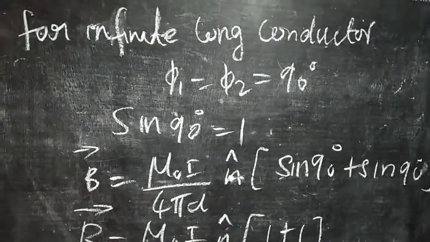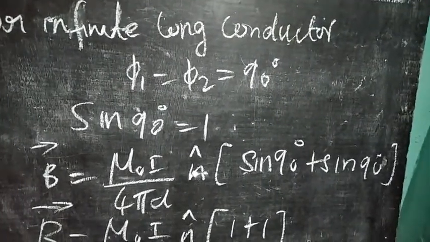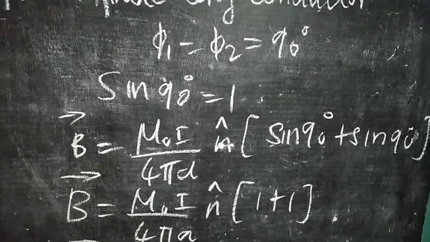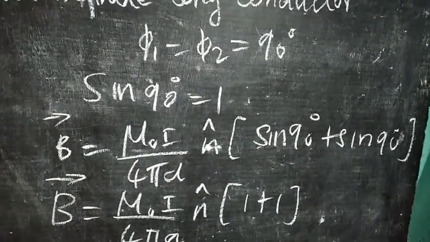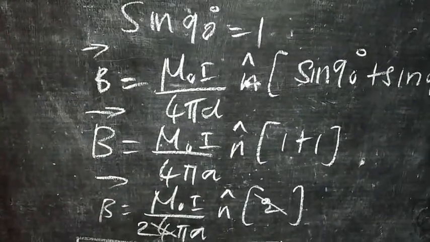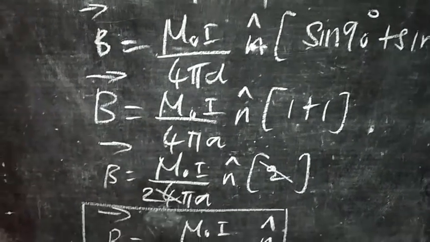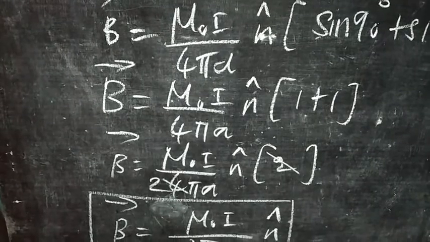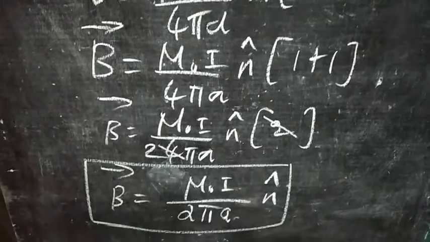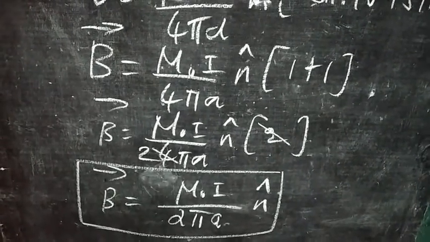B equals mu naught I by 4 pi a, n cap, sin 90 plus sin 90, which is 1 plus 1. B vector equals mu naught I by 4 pi a, n cap, times 2. The 2 and 4 cancel by 2. Finally, the total magnetic field due to a long straight conductor carrying current is B vector equals mu naught I by 2 pi a, n cap.